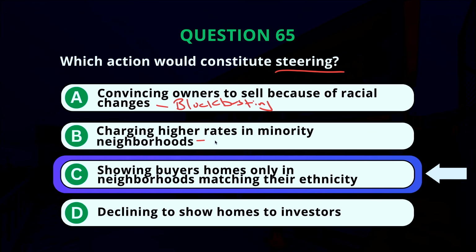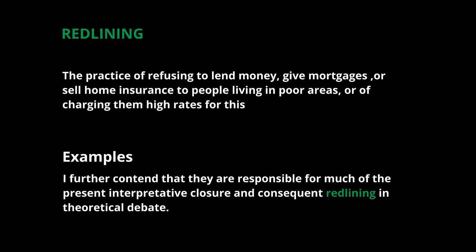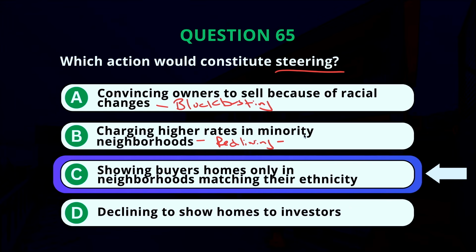These are clearly things like redlining: charging higher interest rates, charging higher premiums. This is redlining. And showing buyers homes only in neighborhoods matching their ethnicity, that is steering. That is a textbook definition of steering.